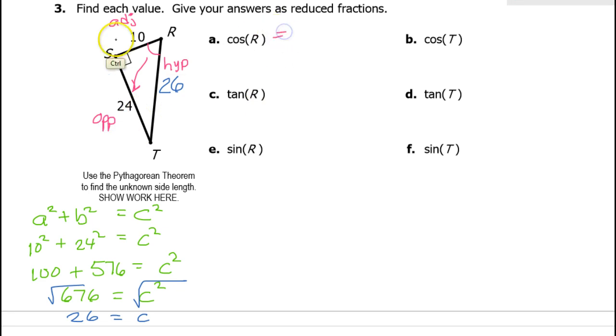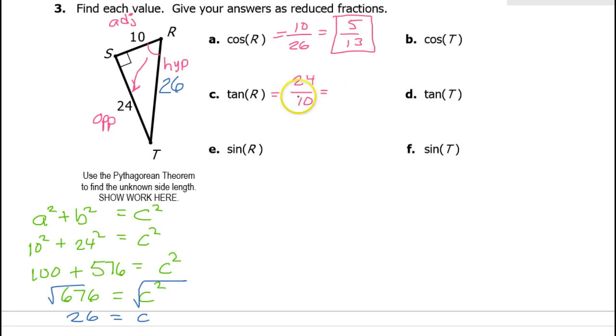So cosine is adjacent over hypotenuse. So that's going to be 10 over 26, which reduces down to 5 over 13. Okay, tangent is opposite over adjacent. So that's going to be 24 over 10.